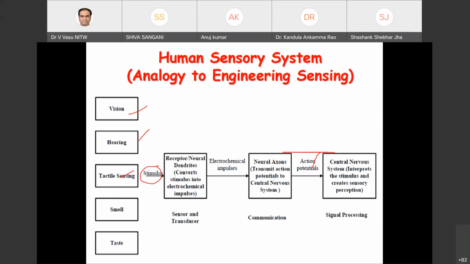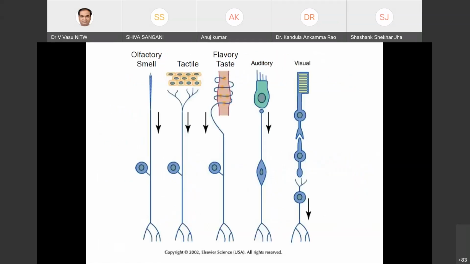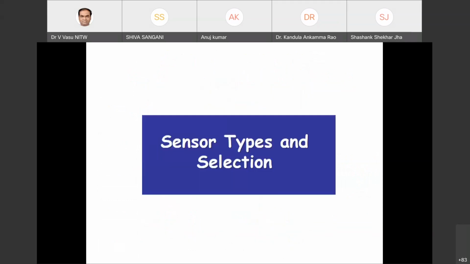The same thing we also have in sensor and actuator systems. We also have different sensors and transducers, some communication, and signal processing in the sensor systems. So these are the human sensors which are available. The neurons are what we have.